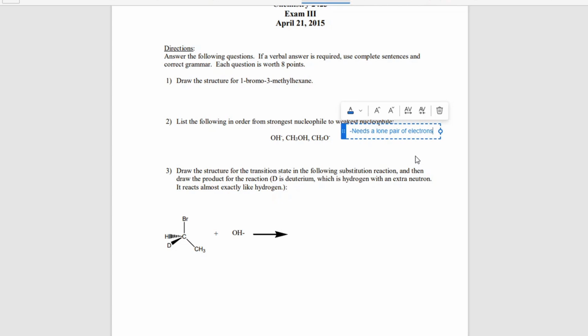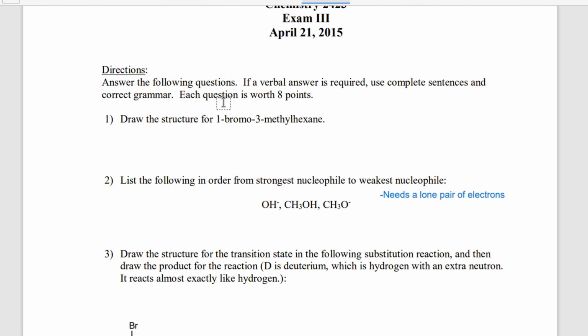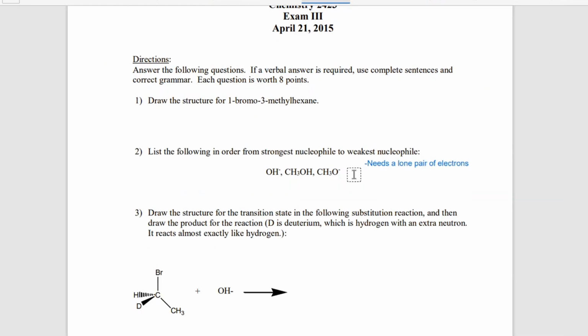But in addition to this, I'm actually going to go ahead and zoom in a little bit. In addition to this, you also have the issue of polarizability and basicity. So in general, after having a lone pair of electrons, the next most important feature of a nucleophile is that it is polarizable. And generally speaking, that means bigger atoms.